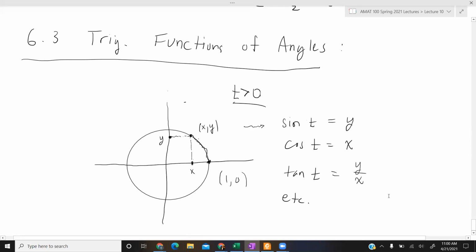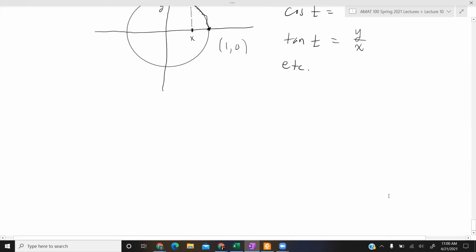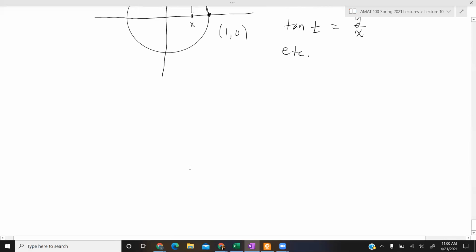But now we want to look at an alternative approach to defining trig functions, one that is perhaps more familiar, but will end up being equivalent. That is to say, we won't get two different sets of functions; they'll be the same. So this is in terms of angles. We introduced angles already, and we already have an intuitive idea of what an angle is.